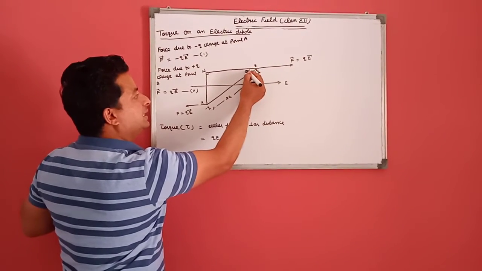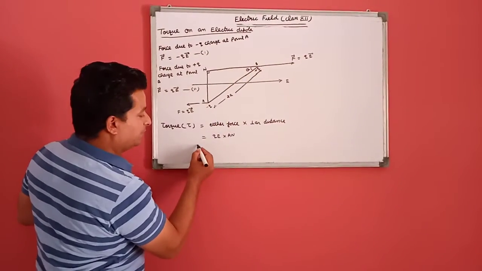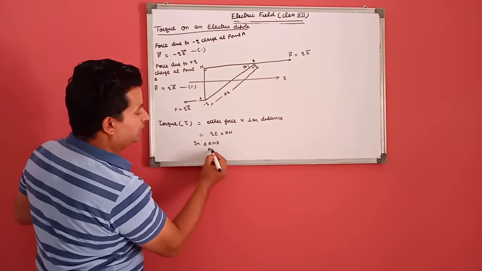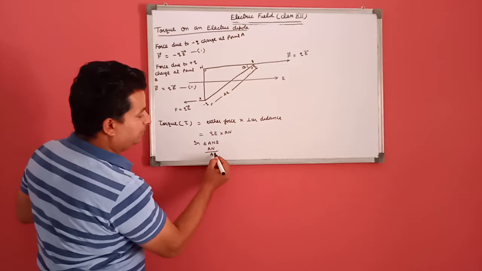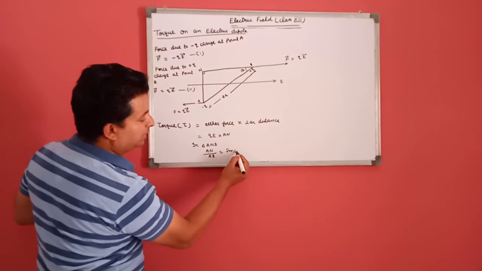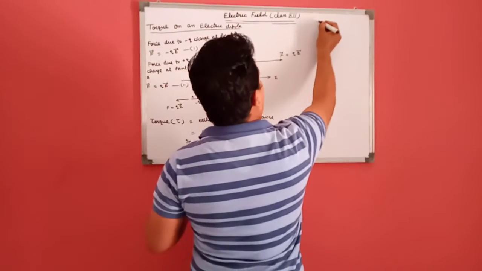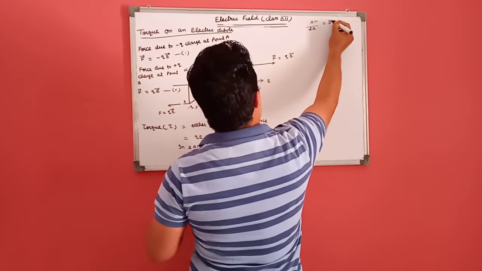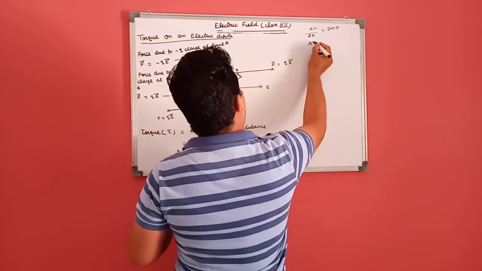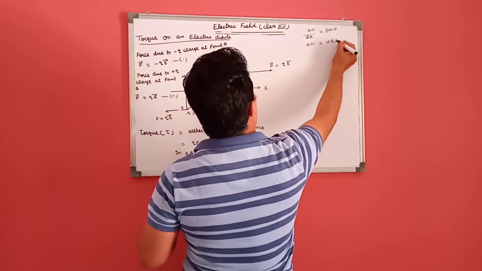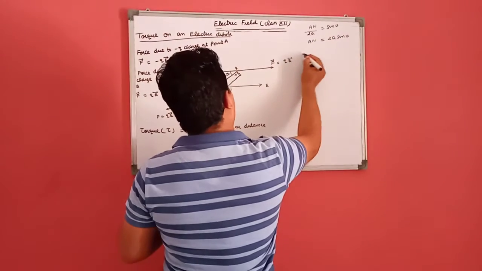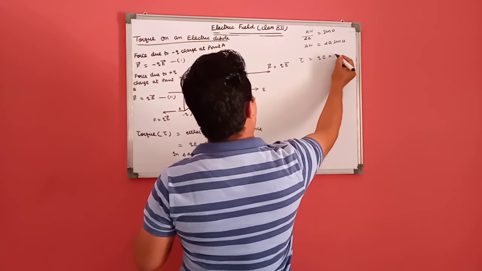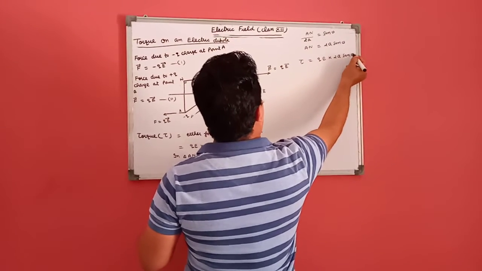If we take this angle as theta, in the right-angled triangle ANB, AN upon AB, that is perpendicular over hypotenuse, is equal to sine theta. AB is 2a, so AN is equal to 2a sine theta. When we put in the value, tau is equal to qE into 2a sine theta.